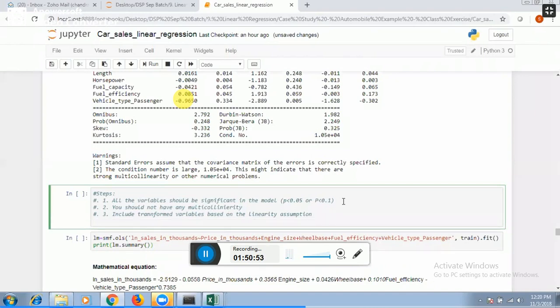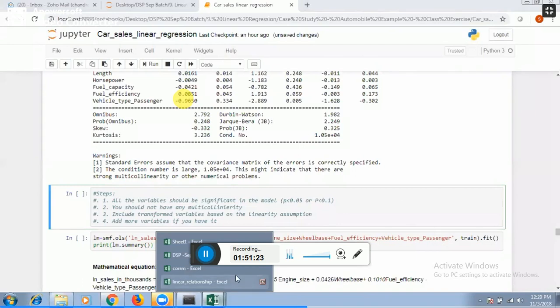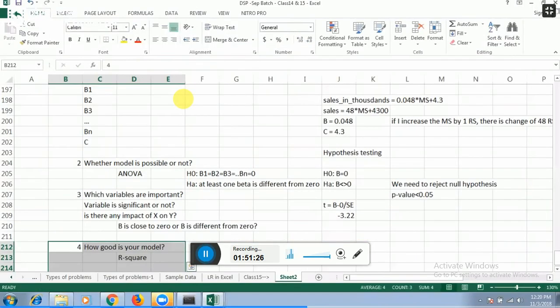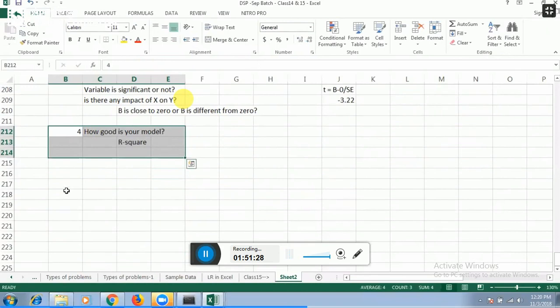This is my third thing. What is my fourth thing? Add more variables if you have them, so that you can also identify that. So these are the typical things you need to look at to improve accuracy further and make sure of your final model. Are you clear?